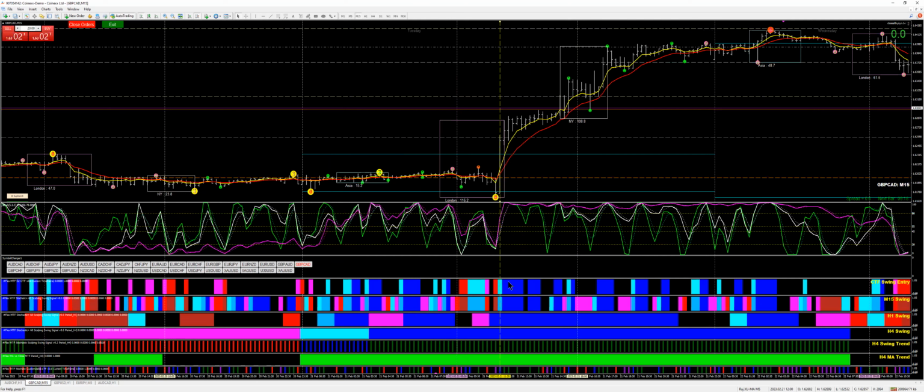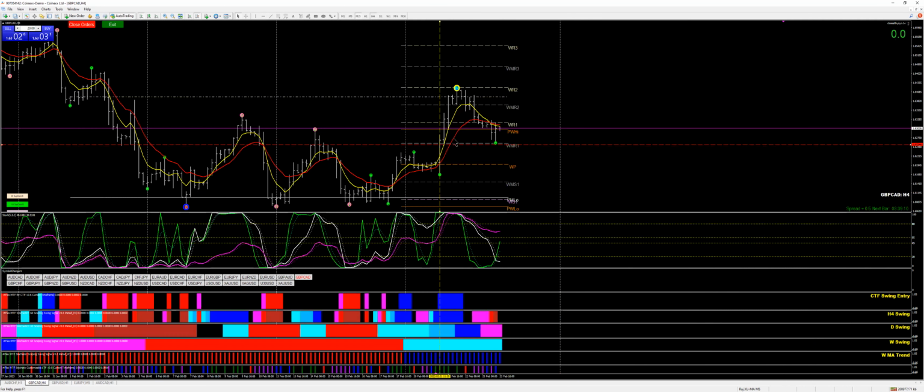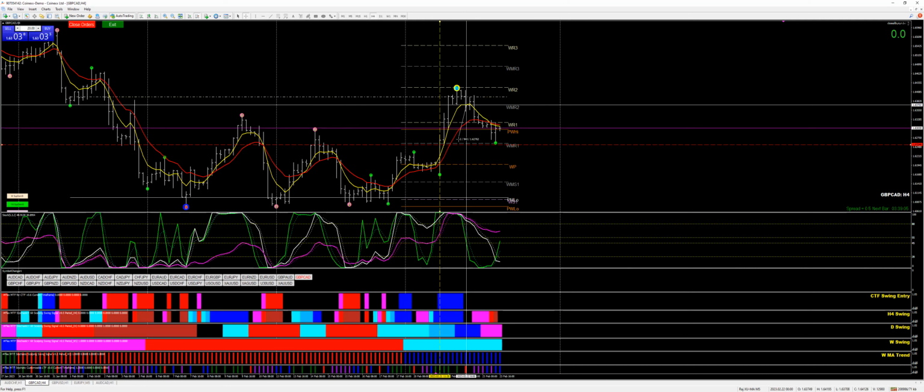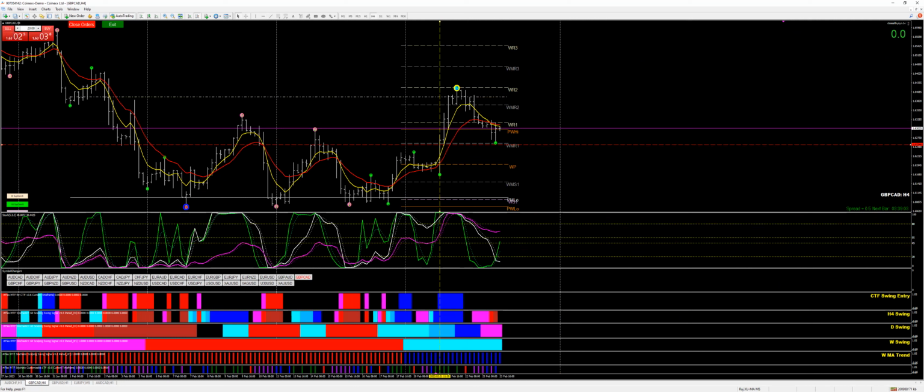Retrace finished. Entry started here. And there's your entry. Go back to the H4. 4 finished over here. And that's 110 pips. 2 lots.